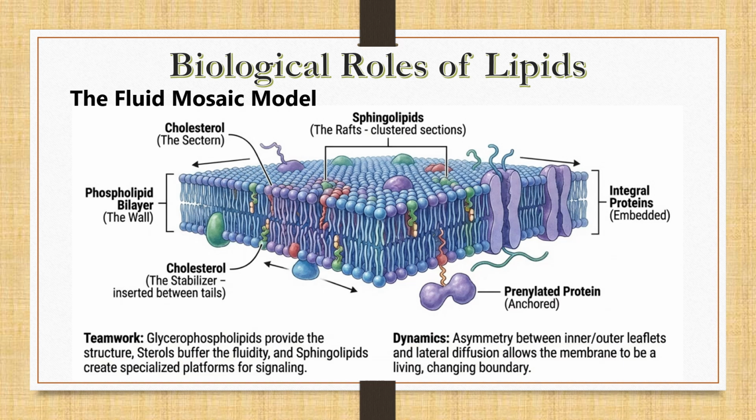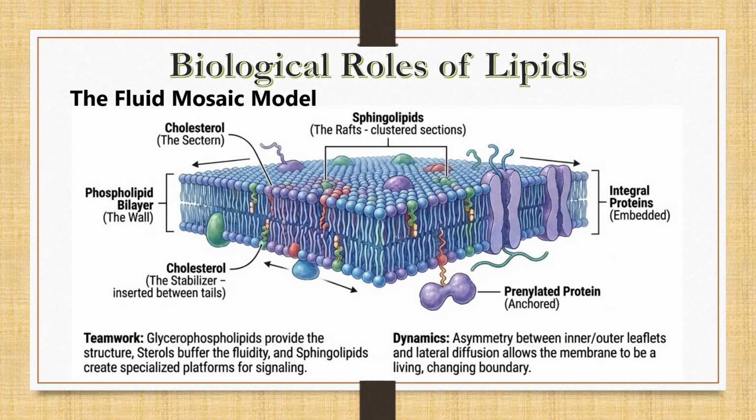To understand the biological importance of lipids, we must first appreciate their role in biological membranes. The Fluid Mosaic Model describes the cell membrane as a dynamic structure composed primarily of lipids and proteins.